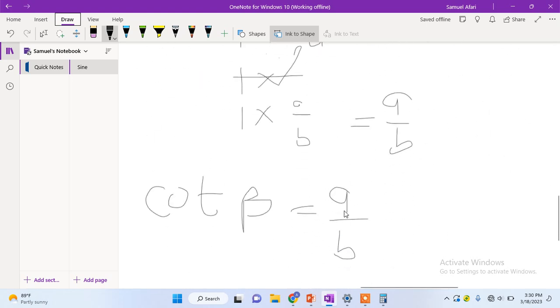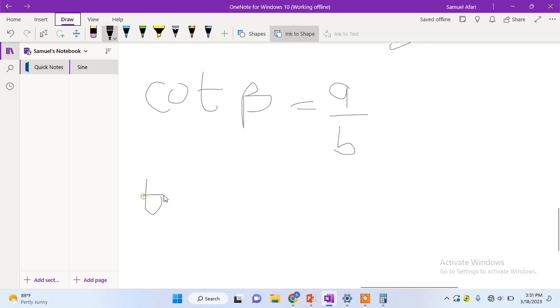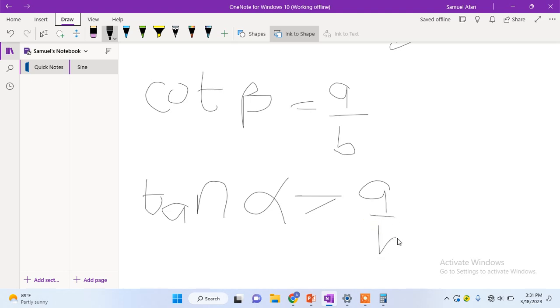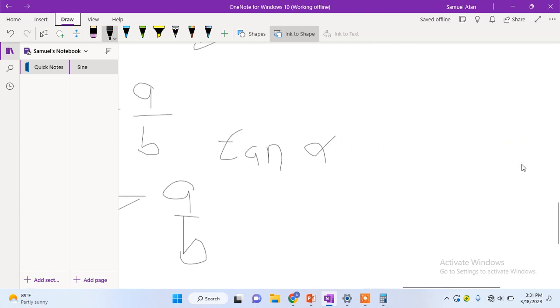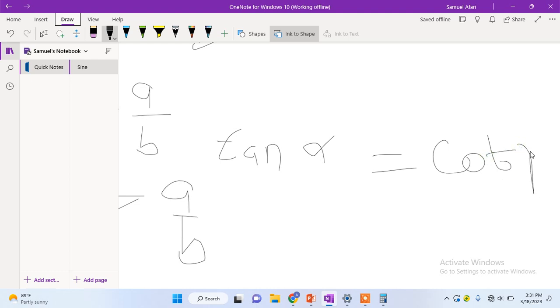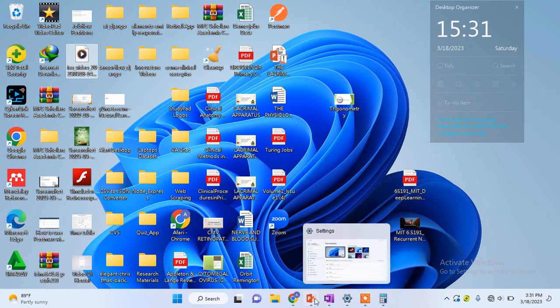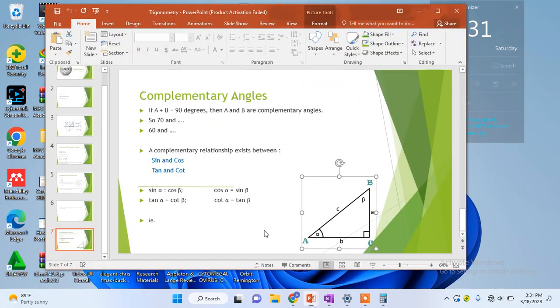Tan alpha was the same as A over B. So even if you don't know anything, since they are all A over B, it means that tan alpha is the same as cot beta. You get it? Meaning that there's that complementary relationship that exists between them.